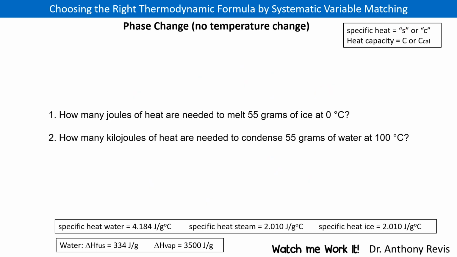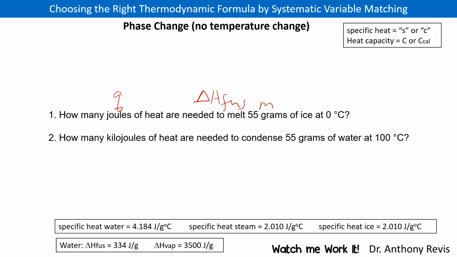The next one, how many joules of heat are needed to melt 55 grams of ice at 0 C? In this particular case, how many joules? That's Q of heat are needed to melt. Melt, as soon as I see melt, melt is delta H fusion. And I have a mass here of ice at 0 degrees C. It's at this temperature.